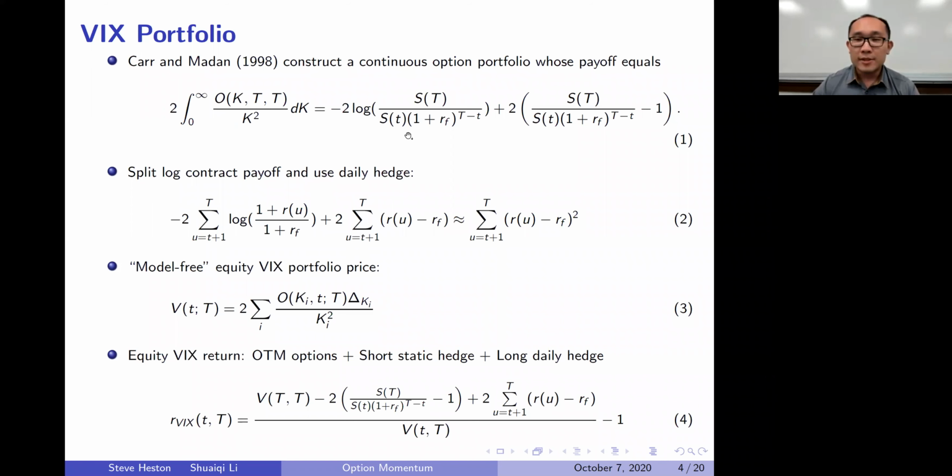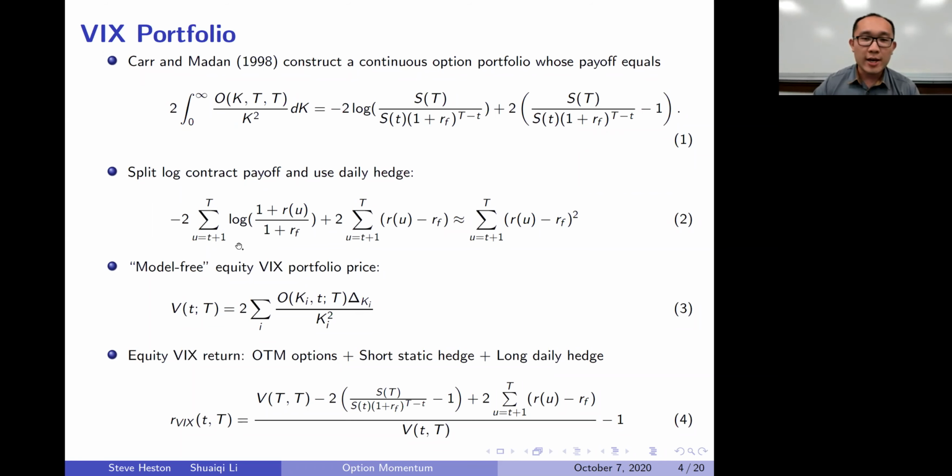The static hedge is: today we borrow the present value of $1 and invest in the underlying stock and hold it to maturity. What we did is to split the log contract payoff into a daily summation. This is true by telescoping sum, and then we replace the static hedge with a daily hedge. The daily hedge is that each day we borrow $1 at the risk-free rate and invest in the underlying stock.